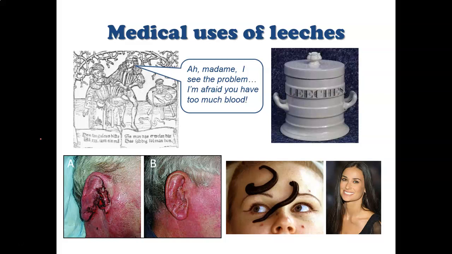have leeches. Right? So this gentleman right here has had his ear severed, and the problem is all the blood vessels have been severed. You could sew it back on relatively easily, but those blood vessels, because they've been severed, that means all this tissue will die. And so what doctors will do is they'll sew the ear back on, and they'll attach leeches over here to the outside for a couple of days.